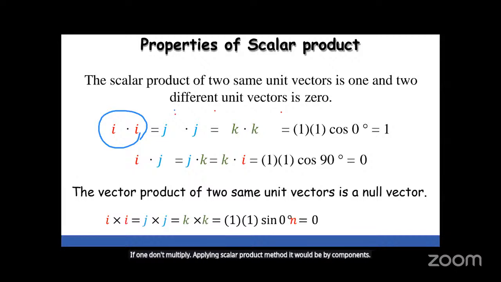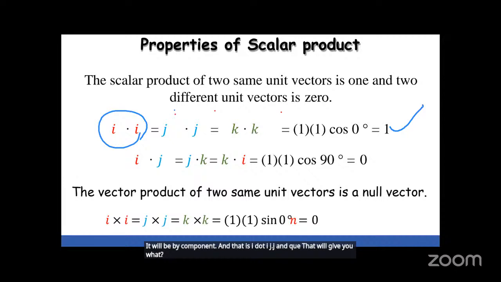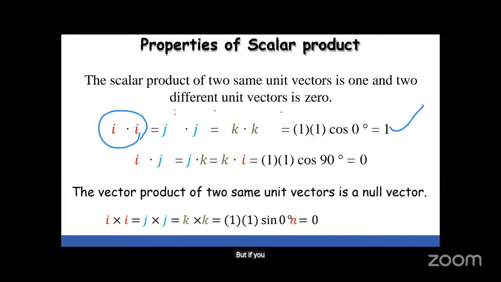That is I dot I, J dot J, and K dot K, which will give you 1. But if you cross-multiply I dot J, J dot K, and K dot I, it will give you 0.